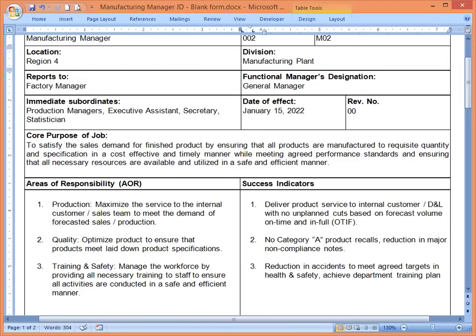The problem of some manufacturing departments is that they're not achieving the training plan because they are not releasing their guys for training, because they say they lack the guys. The manpower complement is not complete.